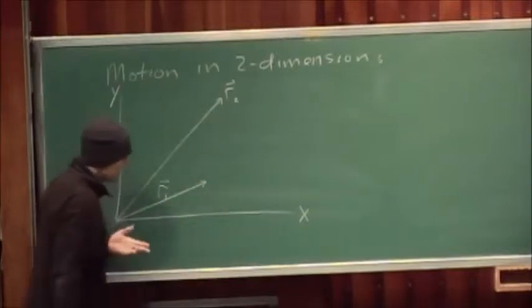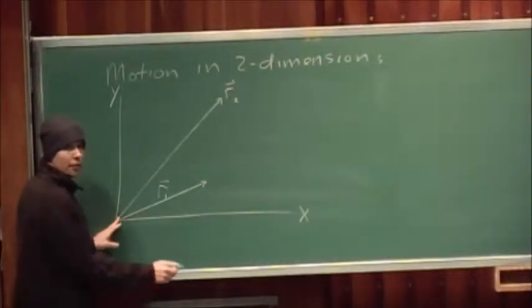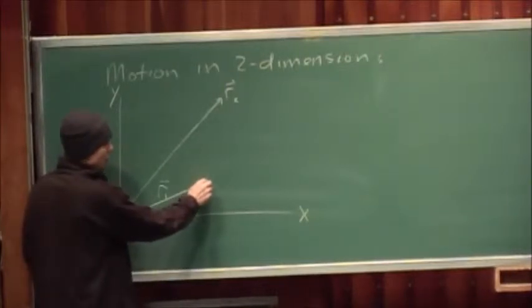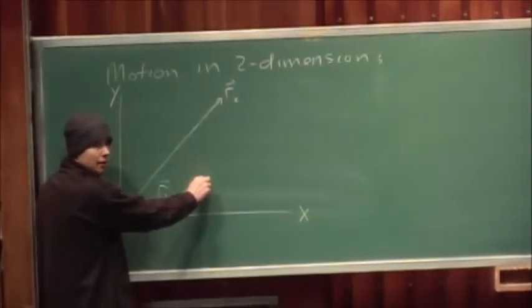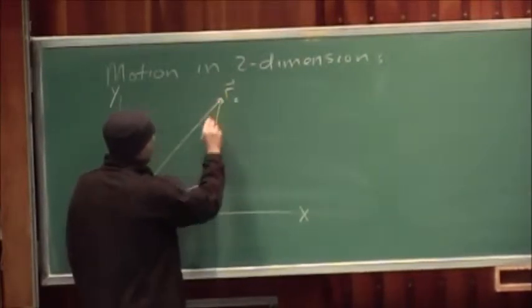So what do we need to do in order to go from R1 to R2 in terms of vectors? Good. So we make a vector from the tip of R1, we put its tail here, and then we put its tip up here.